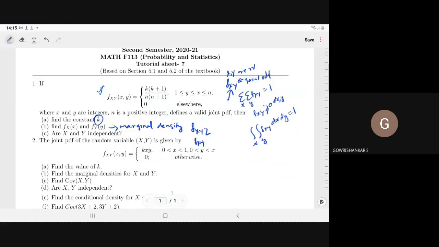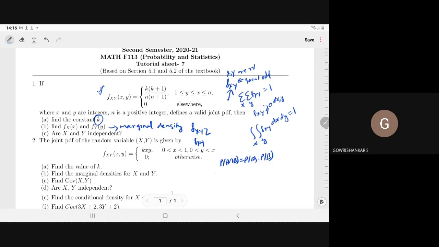Then, in part C, we have to check whether x and y are independent. When we say x and y are independent, you know that P(A intersection B) is equal to P(A) into P(B). That you have studied for independence. A and B are independent when P(A intersection B) equals P(A) into P(B).